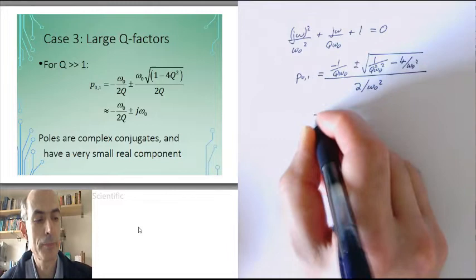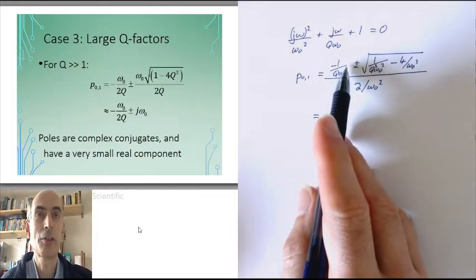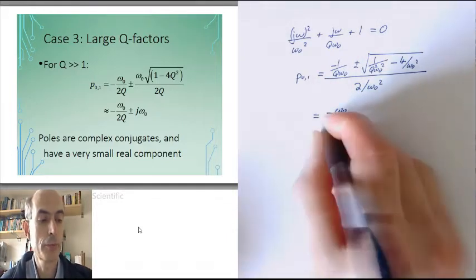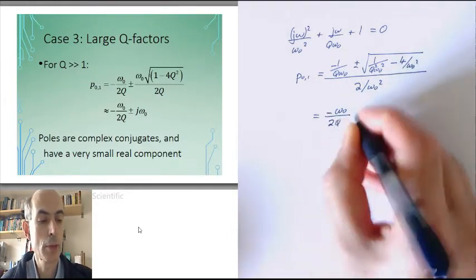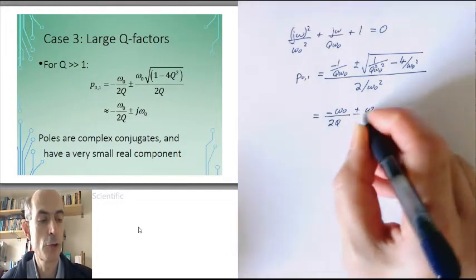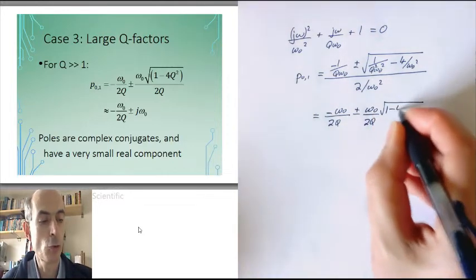We've done this before, and after a bit of simplification, the result we get is that the poles are minus omega naught over 2q plus or minus omega naught over 2q times the square root of 1 minus 4q squared.